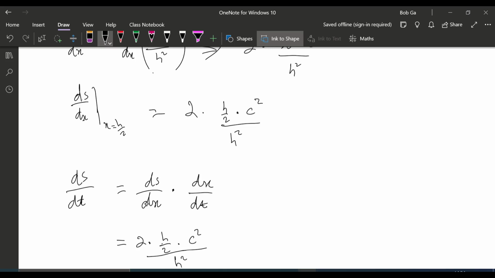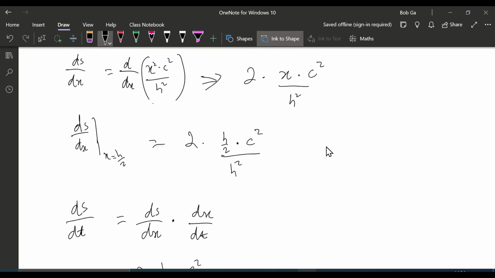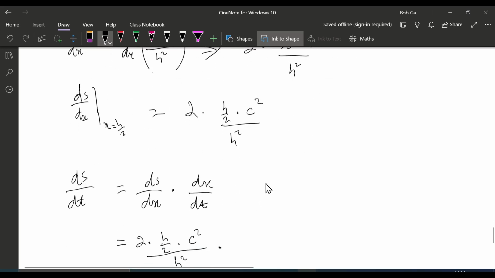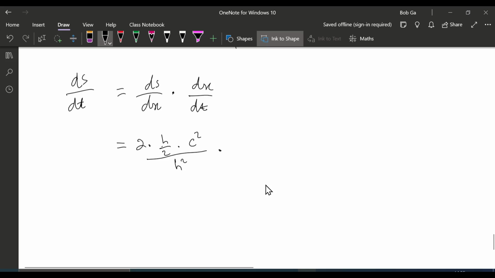So this is this one here, then times dx over dt. But we know dx over dt at this point, we're told that the rate of change there is 3 units per second. So dx over dt, the rate of change of x with respect to time here, is 3.